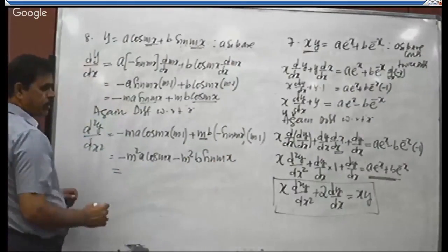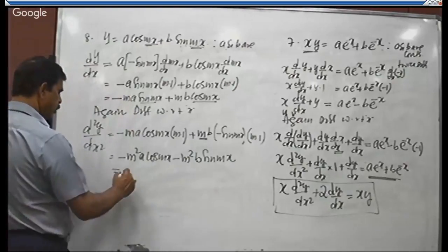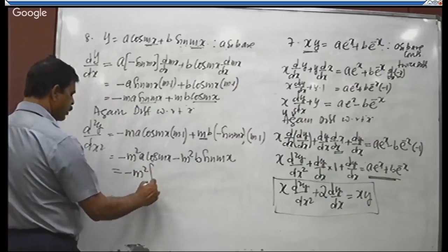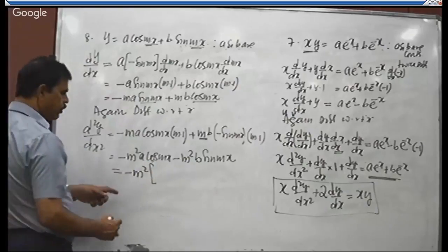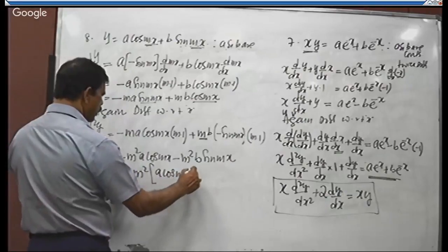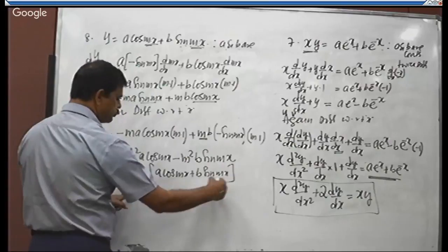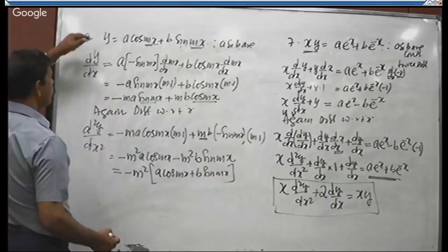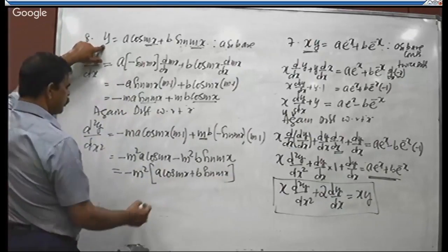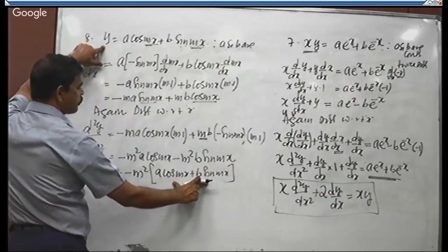Differentiation is over. Then make the simplification to replace the constants, right? Minus m square is common. You take it outside. What is remaining? A into cos mx plus b into sin mx. Observe the given problem. What is the problem? y is equal to a cos mx plus b sin mx. Can you replace this as y?